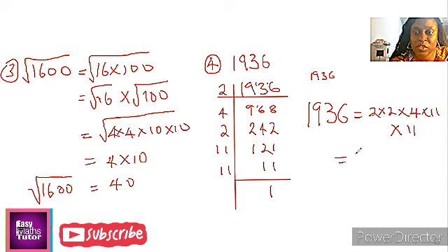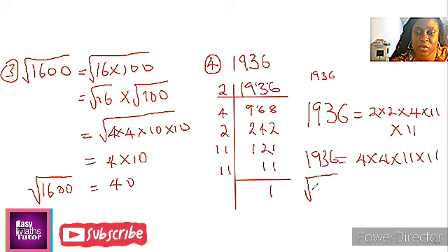So rearranging it, I'll just say 4 times 4, because I'm always seeking a pair. I want it to be in pairs. So I will say 4 times 4 times 4 times 11 times 11.